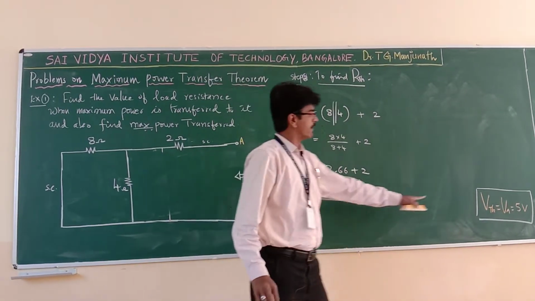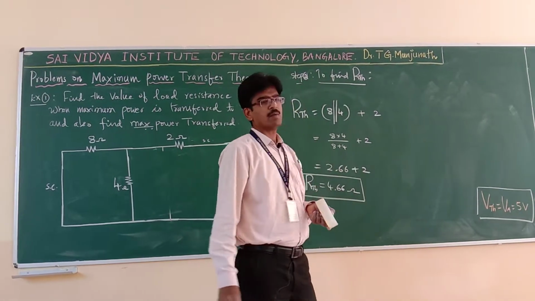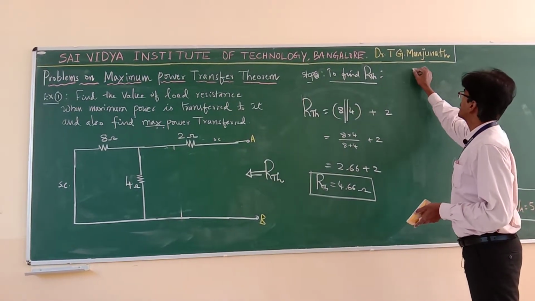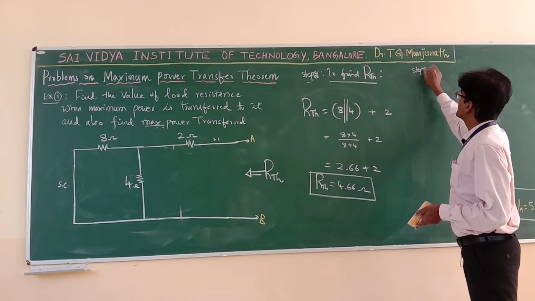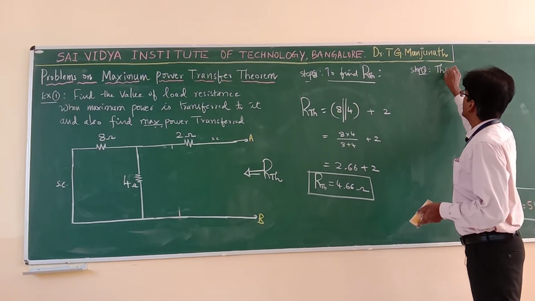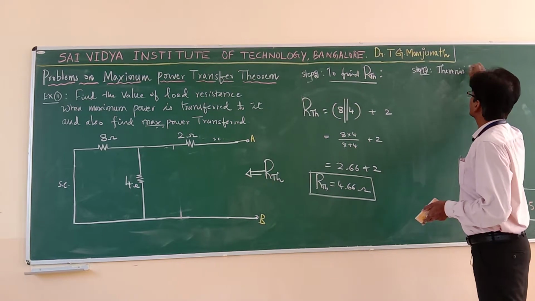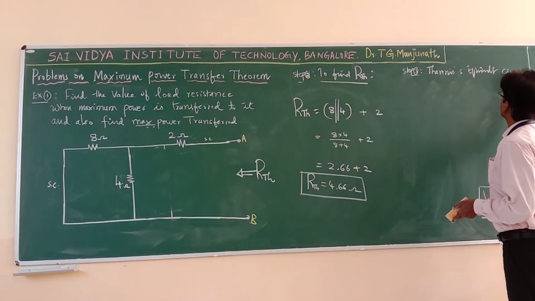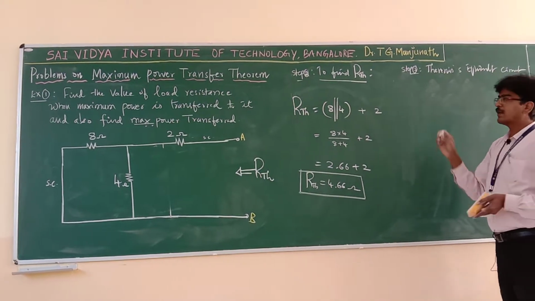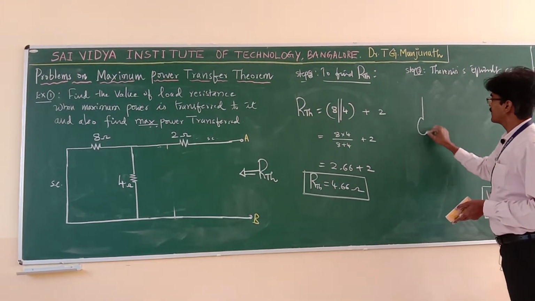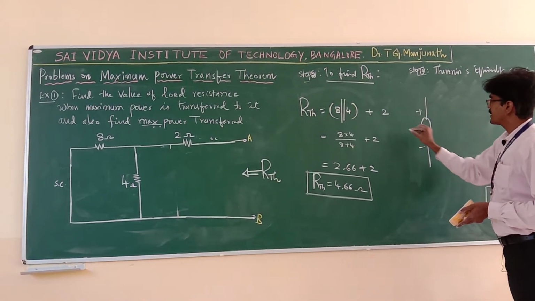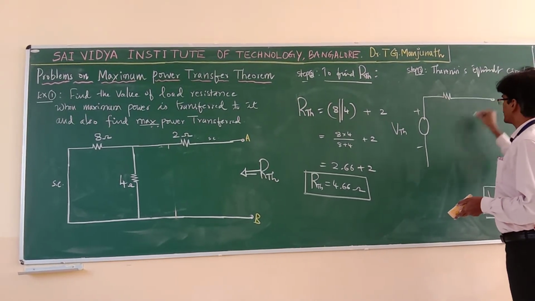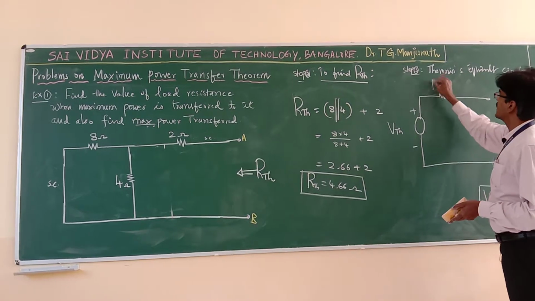Now you got V Thevenin, you got R Thevenin. Then what should you do? Step 3, you have to get Thevenin's equivalent circuit and connect the load across it. What is Thevenin's equivalent circuit? V Thevenin in series with R Thevenin.